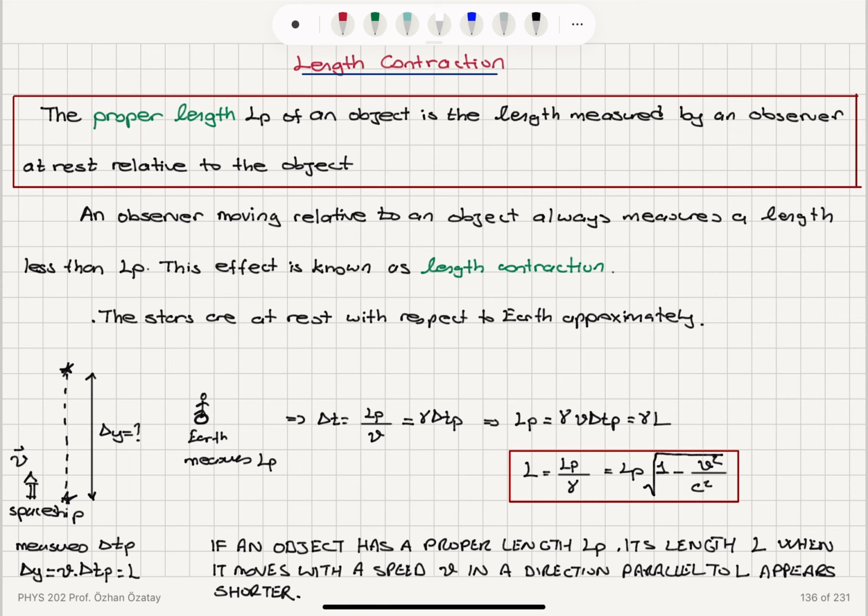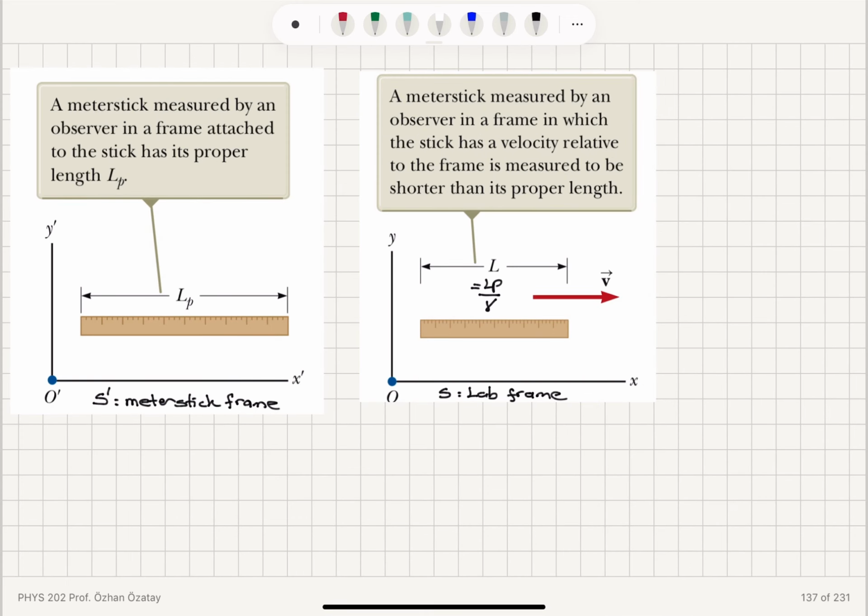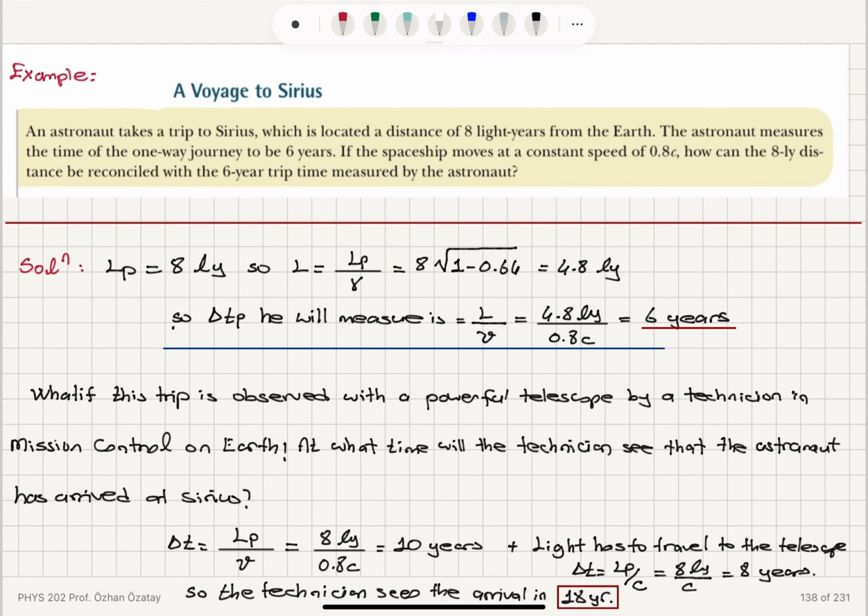So here we have to be careful about the direction of motion. You see, the relative motion of the two reference frames, S prime and S frame, should be in the direction in which the length is measured. So if we move perpendicular to this meter stick, we would measure also the proper length in the other reference frame, because the length contraction is only on the x-axis.